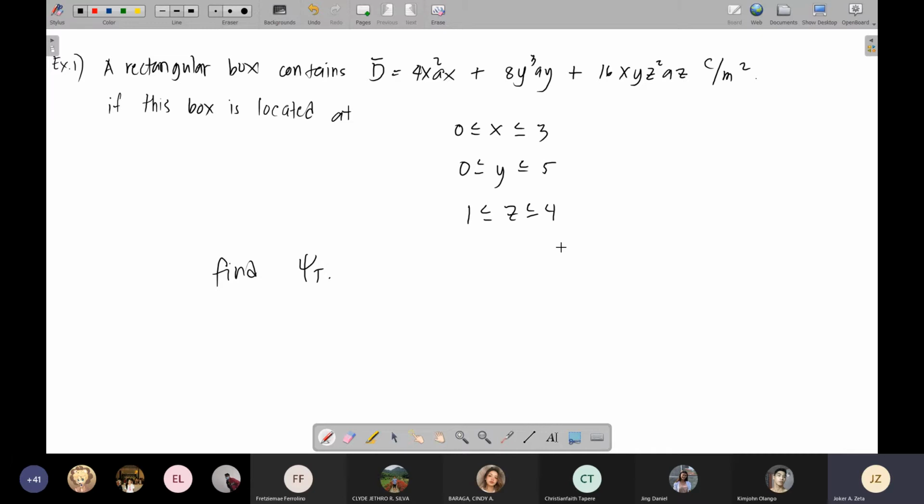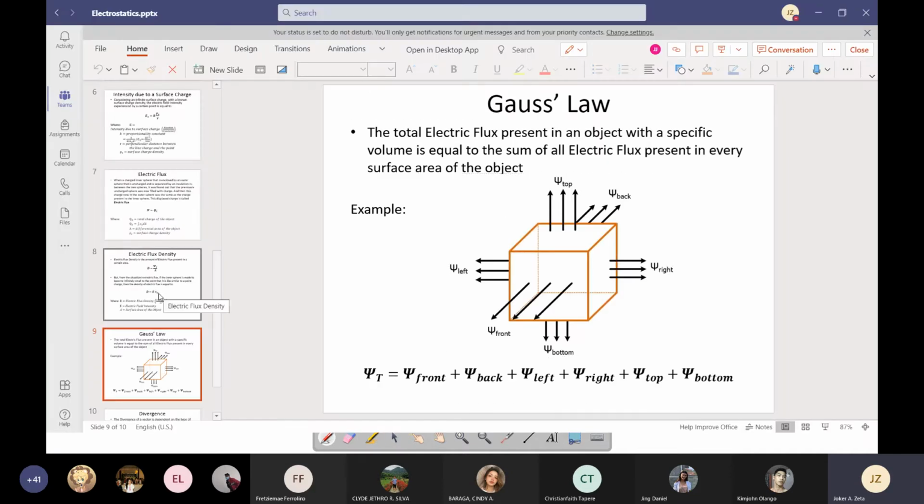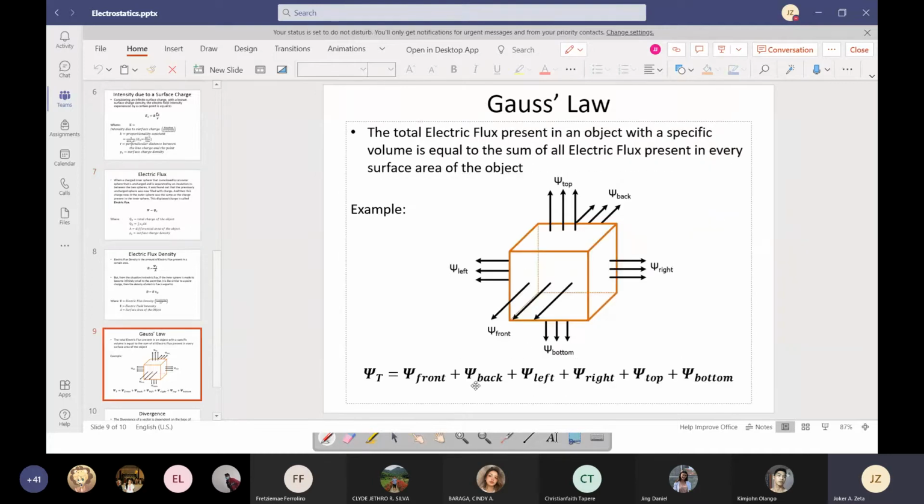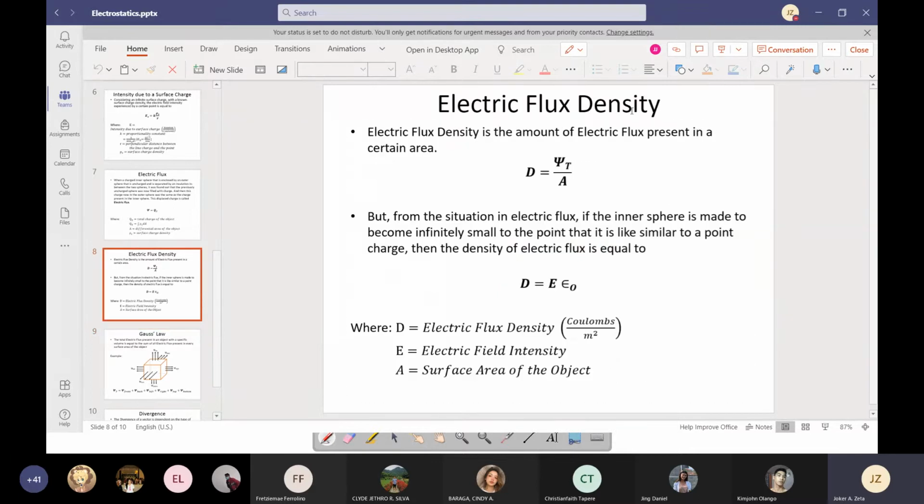Now, for Gauss law, we are now expecting an electric flux density. We are not going to determine the surface charge density anymore. Electric flux is just for a single surface. We are going to determine the electric flux on a single surface. But for Gauss law, we are going to determine the flux of a certain object that has multiple surfaces. If it has multiple surfaces, then there is an equivalent density in those multiple areas.